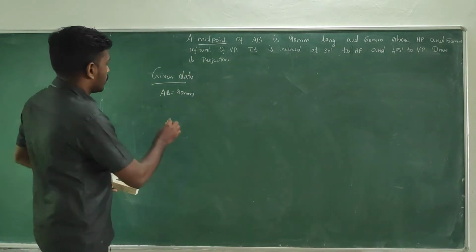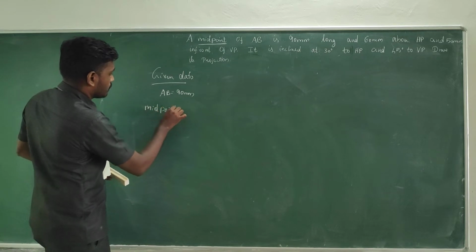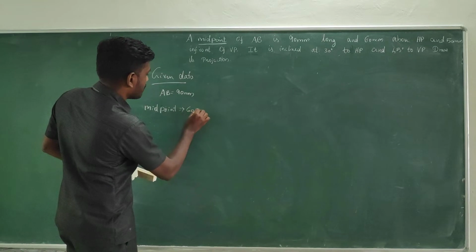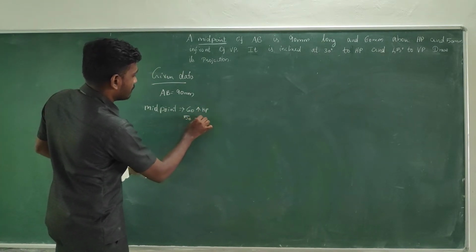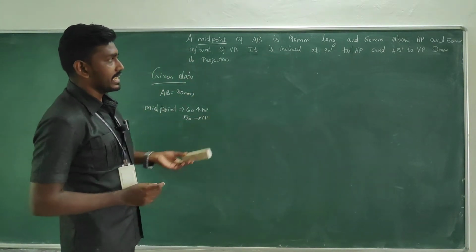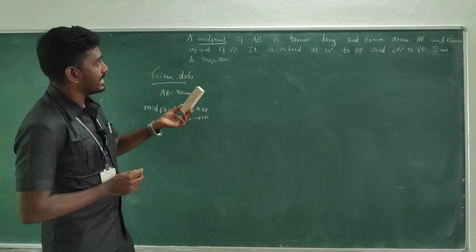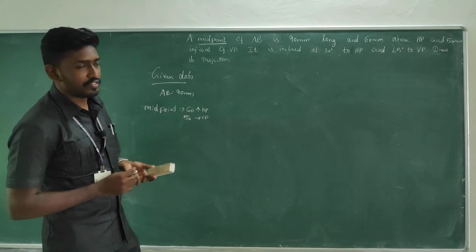See, the midpoint is 60 mm above HP and 50 mm in front of VP, and the line is inclined at 30 degrees to HP and 45 degrees to VP.